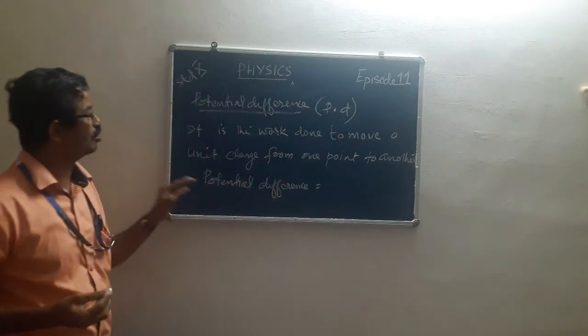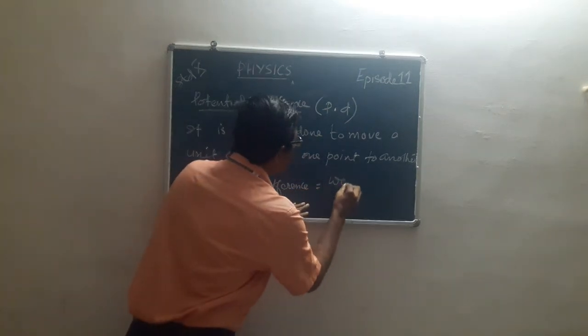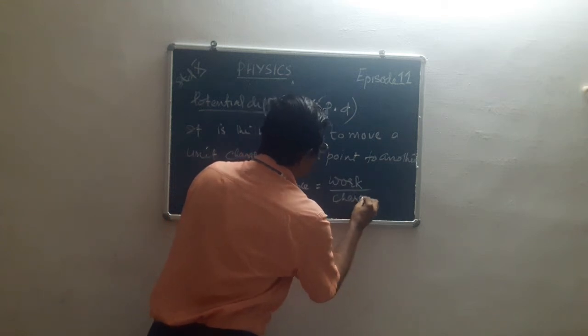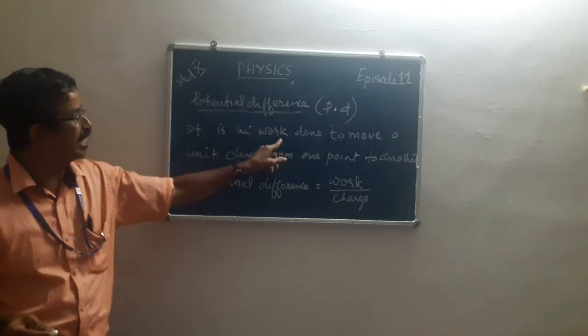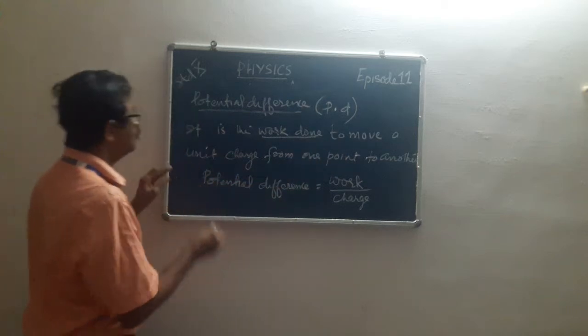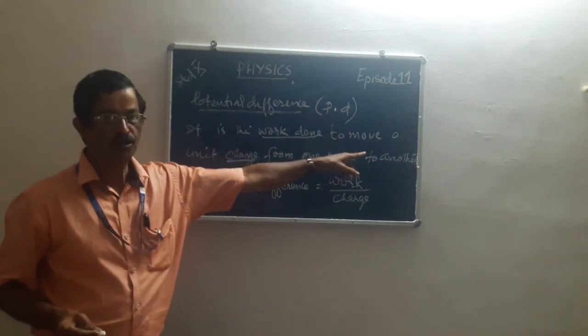So potential difference is equal to work by charge. That means it is the work done to move a unit charge from one point to another.